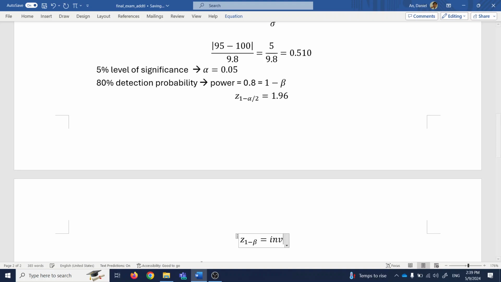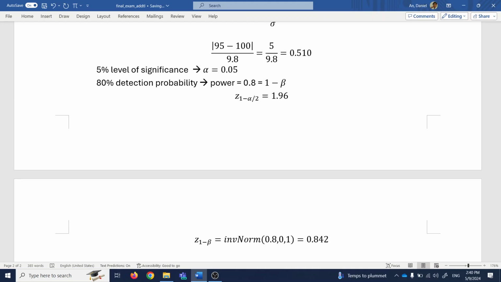Inverse norm of 0.8. So what's that? 0.842. Okay.